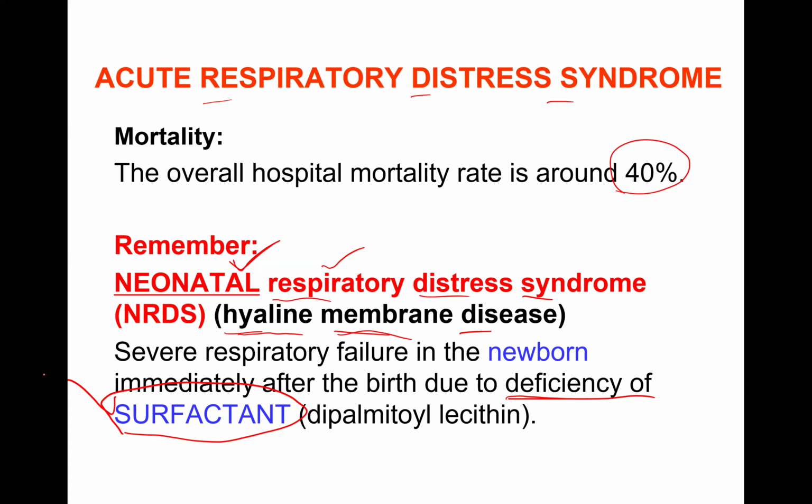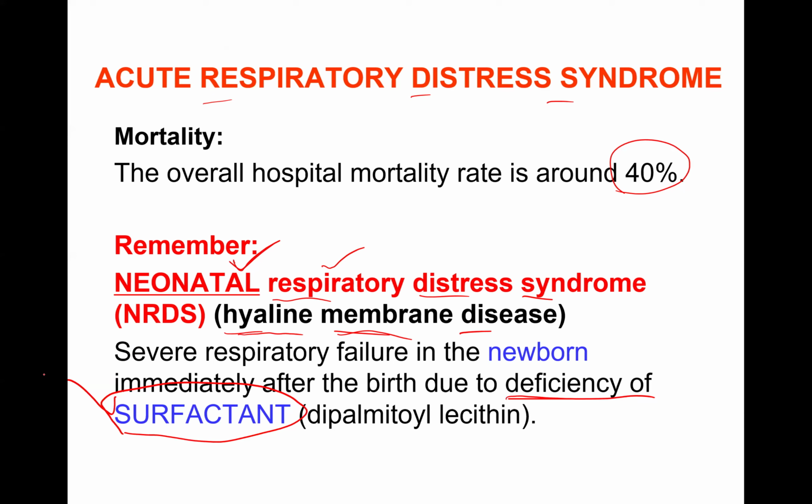Yes, surfactant. The patient is not suffering from pneumonia, systemic inflammation, sepsis, or multiple fractures. No, it is purely because the patient is a newborn, and second, the child has a deficiency of surfactant.